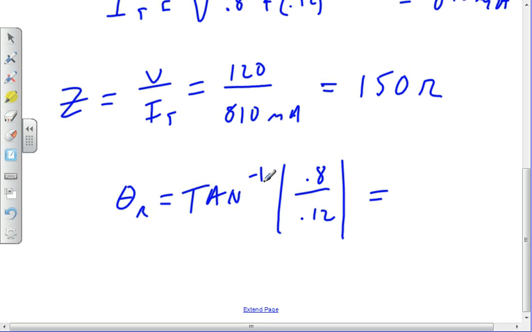It looks like 81 degrees. Yeah, 81 degrees. So we'll call it angle minus 81 degrees.